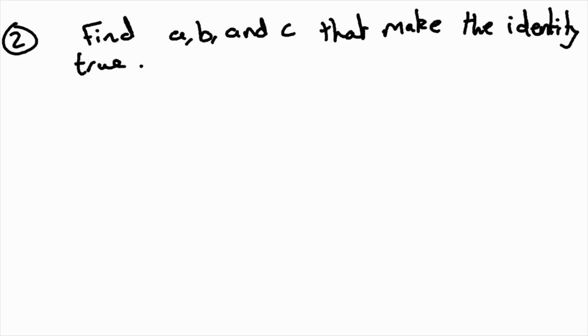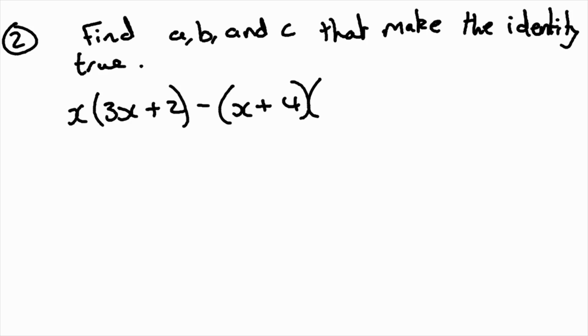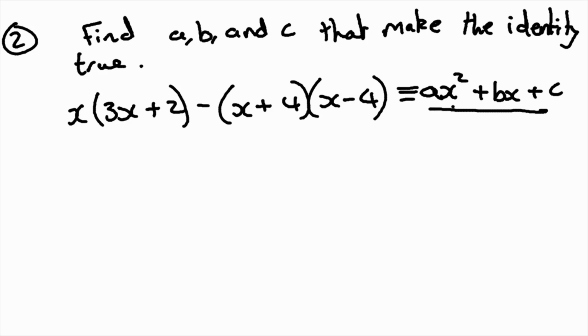So our identity is x lots of 3x plus 2, subtract x plus 4 times x minus 4. And this is going to be always equal to ax squared plus bx plus c. So we're somehow showing this left-hand side is a quadratic. This is our standard form for a quadratic.